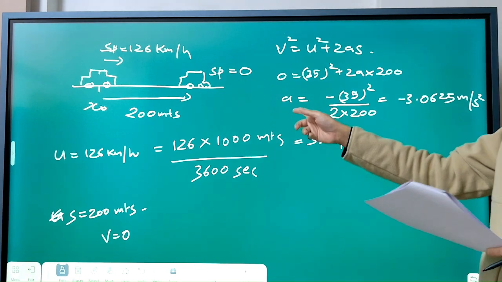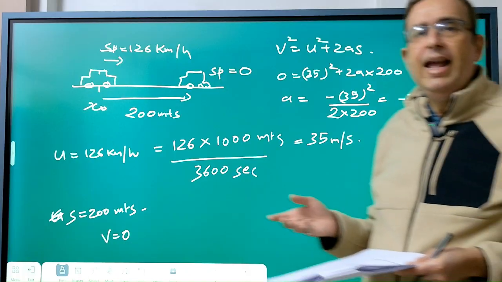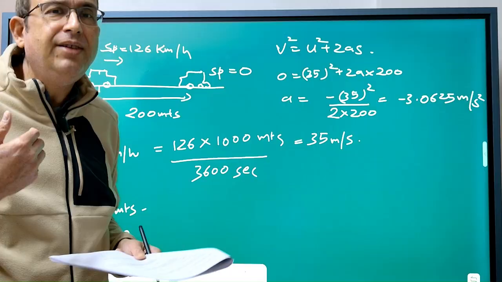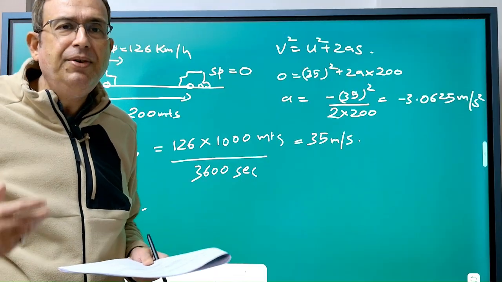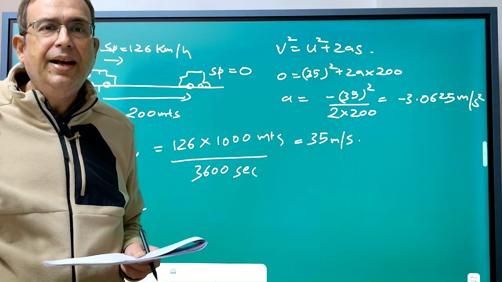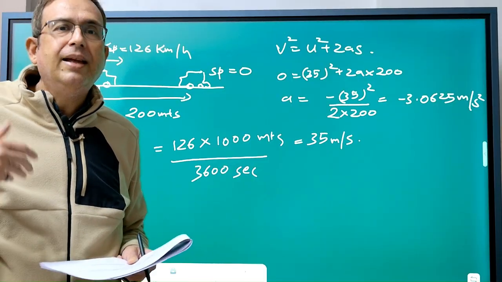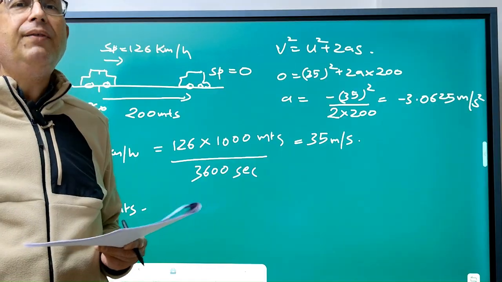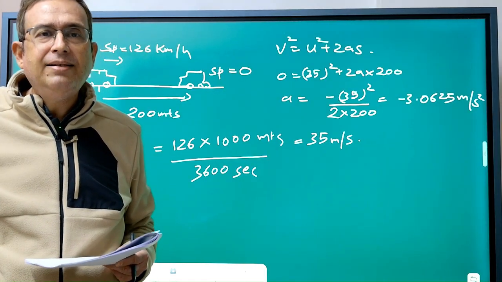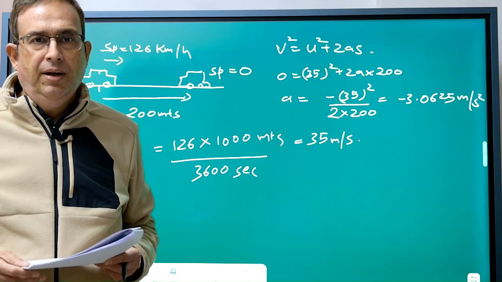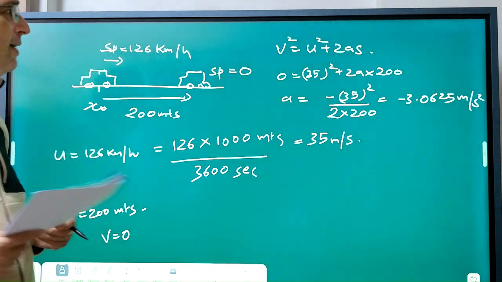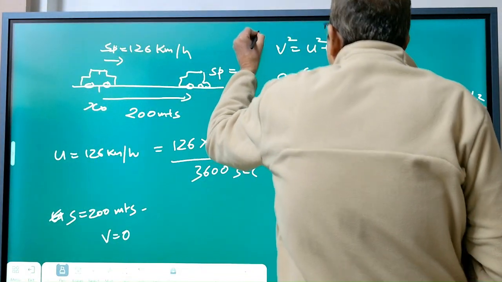The retardation is negative because it is the deceleration, and deceleration means that the velocity is reducing with time. As the time is changing, the velocity is reducing. So that is the deceleration, and it is always negative. Whereas when the velocity is increasing with time, then you have acceleration and not deceleration, and that acceleration is going to be positive. So deceleration is negative. And that is the first part.